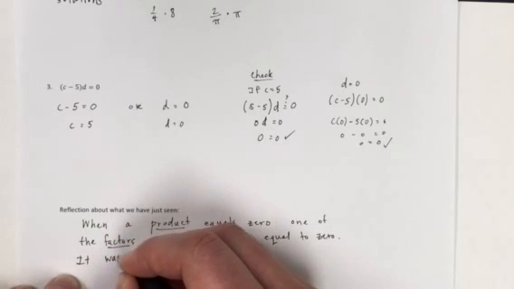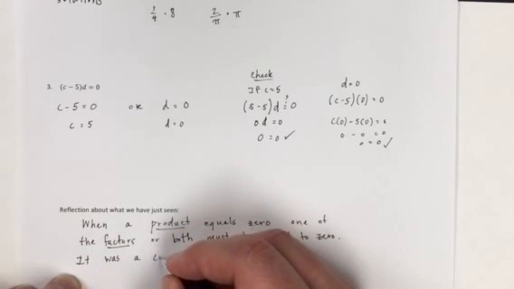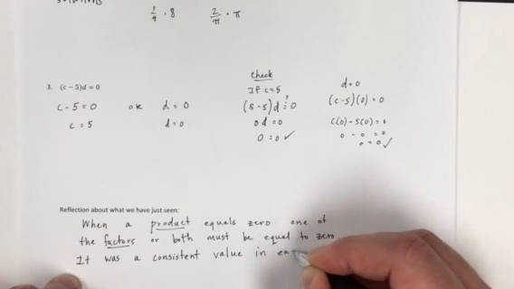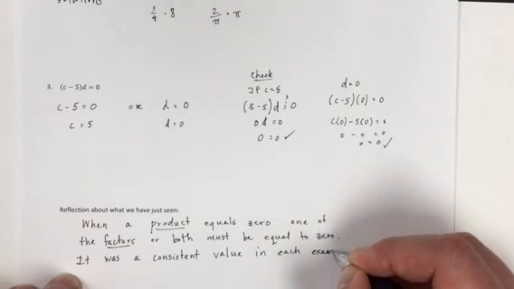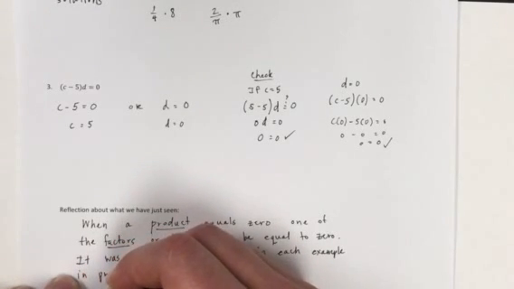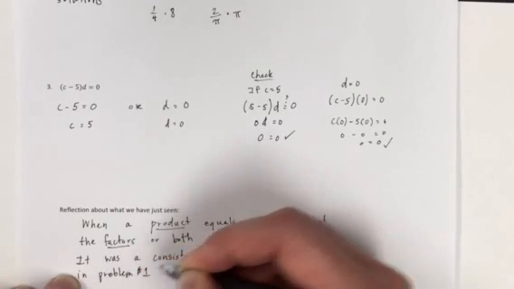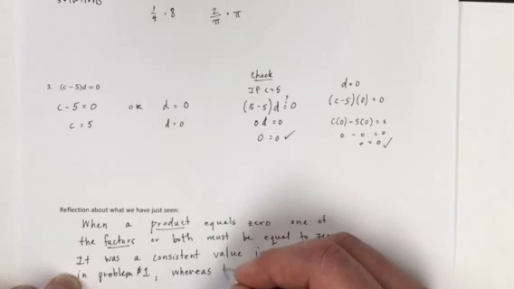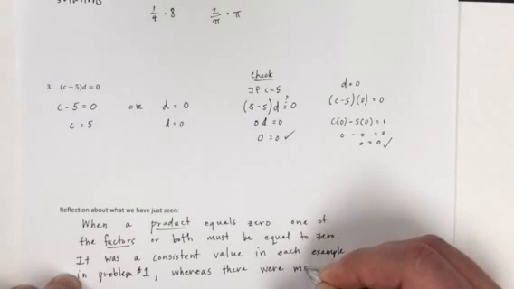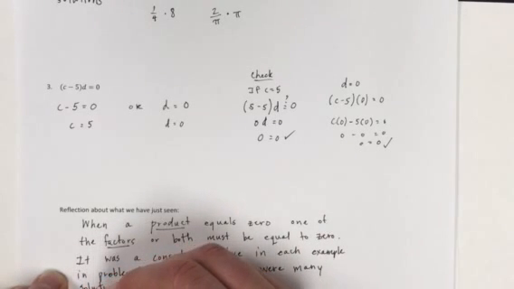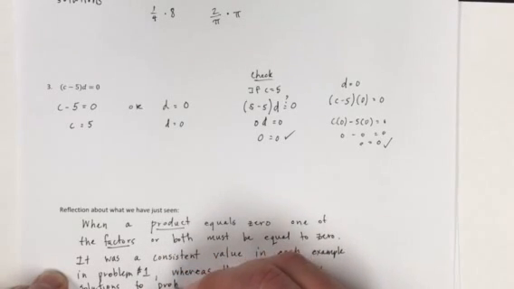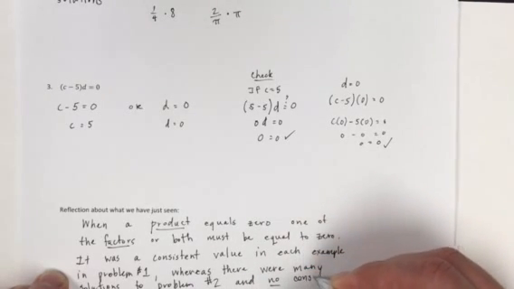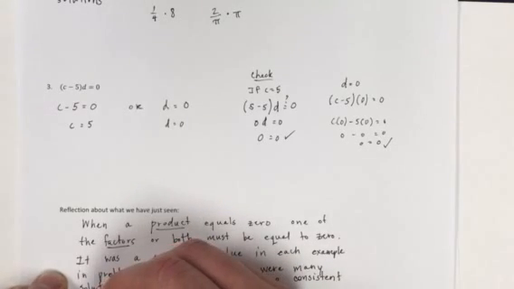It was a consistent value in each example in problem number 1, whereas there were many solutions to problem number 2 and no consistent values.